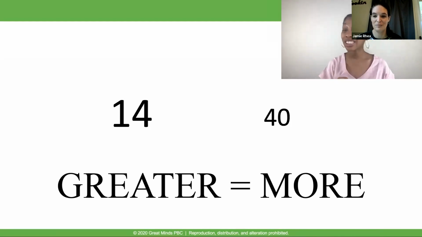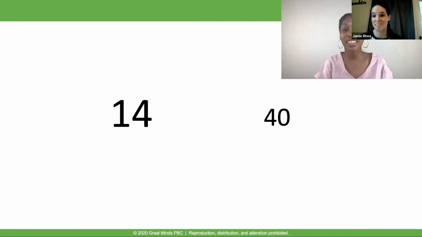When I look at the tens place, in the number 14, I see the digit 1, but in the number 40, I see the digit 4. I know that the value of the 1 is 10, and the value of the 4 is 40. So 40 is greater than 10, which means that 40 is greater than 14.